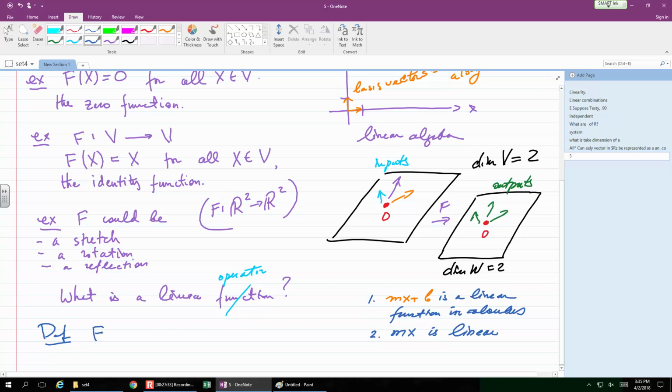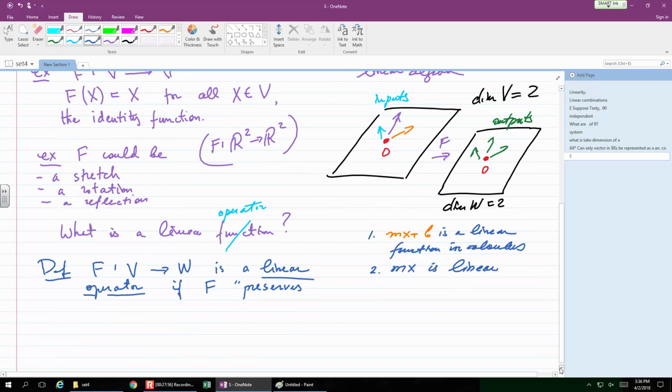So f from V to W, two subspaces, is a linear operator if f preserves linear combinations. That's just the language we use to describe it verbally, but then you need a formula.